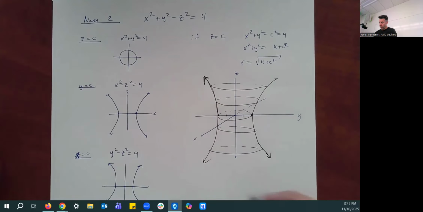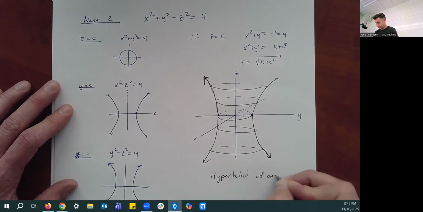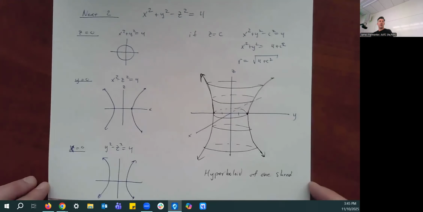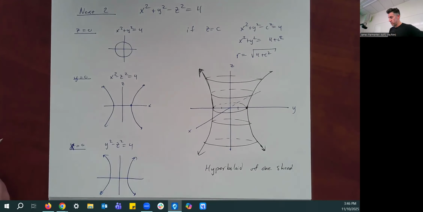This is called a hyperboloid of one sheet because your traces are hyperbolas and your surface is all one surface. Unlike the next one we draw, where the surface is actually two distinct surfaces.